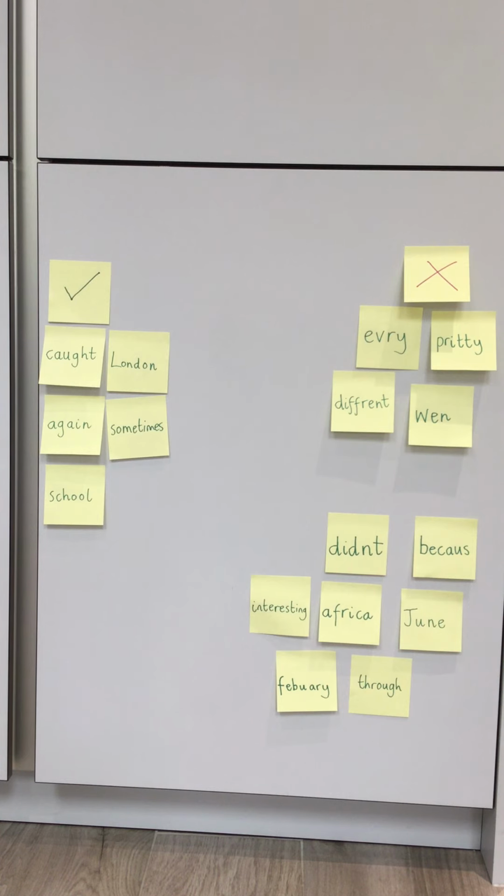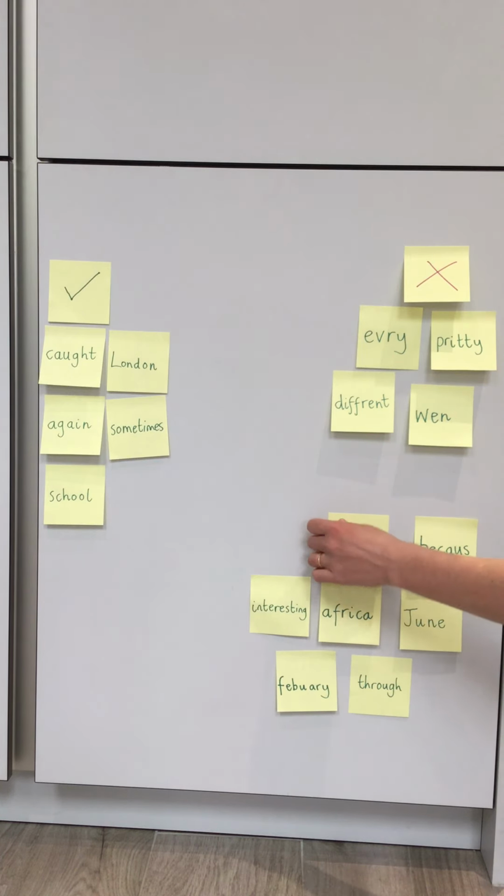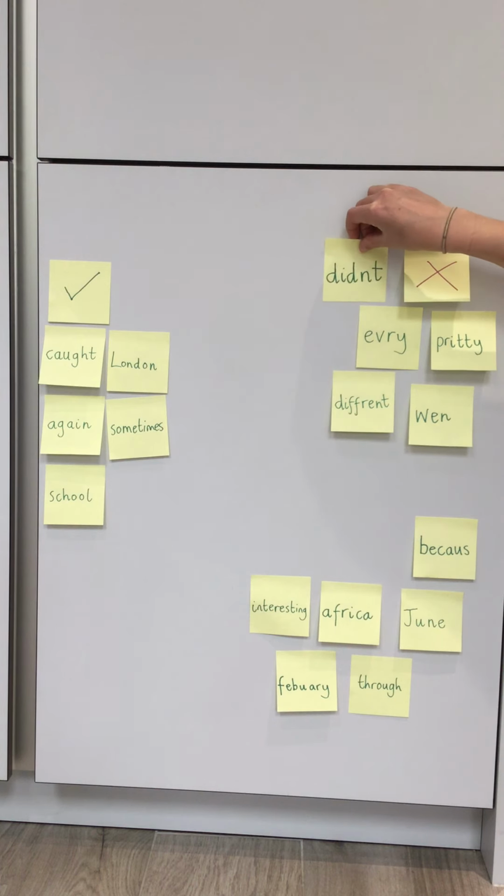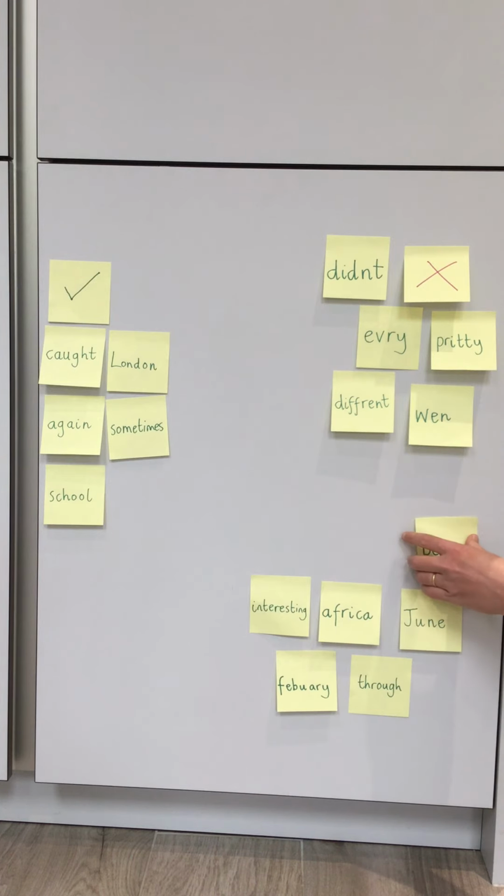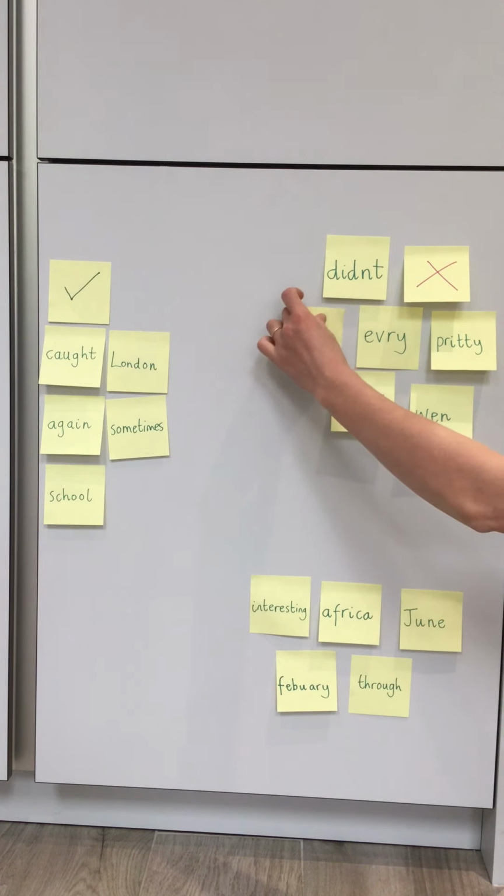What it's missing is the apostrophe for contraction. Didn't is short for did not, and the apostrophe goes between the N and the T to replace the O. So this is actually incorrect because it is missing its apostrophe. This one here, because, it's almost there, but it's just missing its silent E at the end. So this one as well is incorrect.